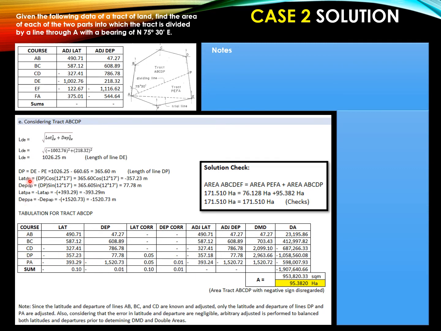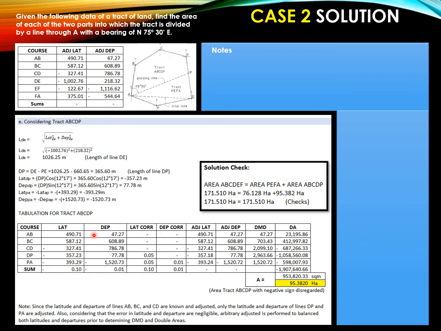So, makuha natin si length niya, and then after makuha natin si length ng DP, kunin natin yung latitude and departure ng line DP, which is ilalagay natin dito. And also the line PA, which is this one, katulad nung kanina, pero nag-iba yung sign niya.